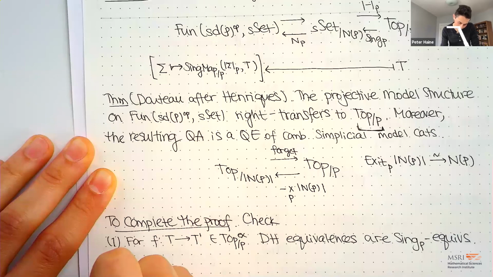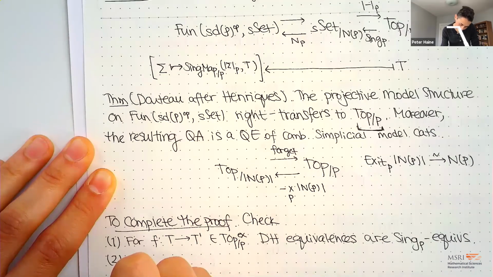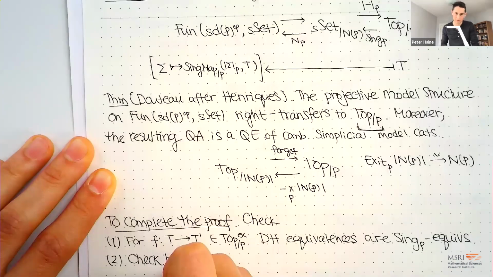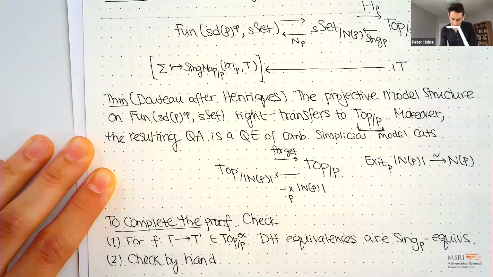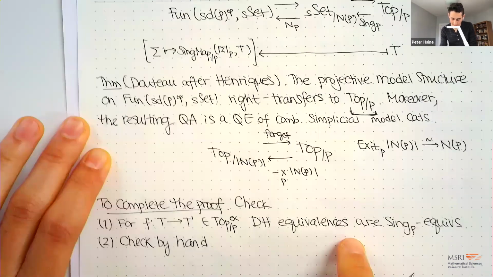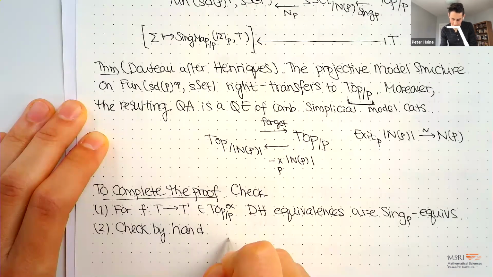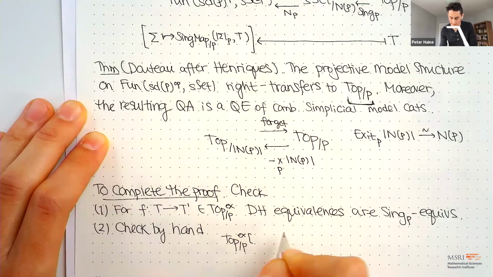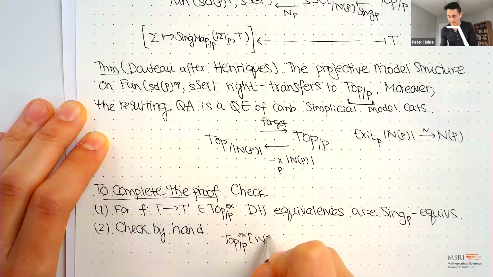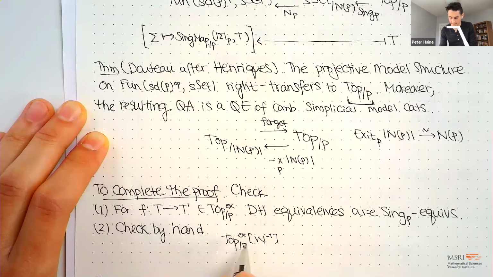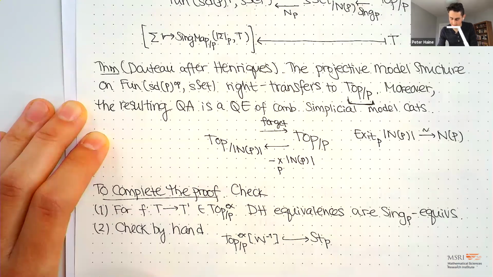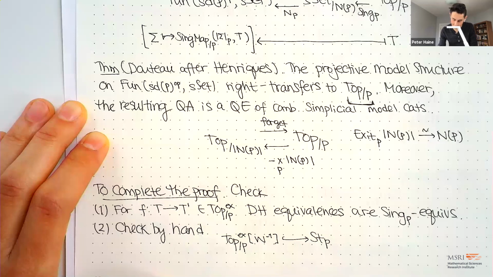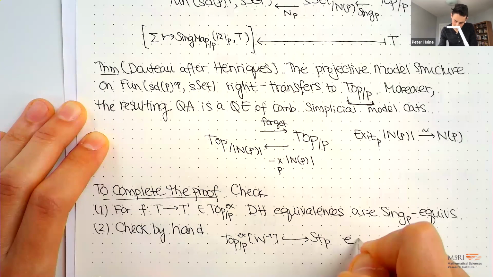You need to check by hand that, well, now by 1, you know quasi-category, and you invert the Sing P equivalences, then you know this embeds you into here, and you need to check this is essentially surjective.